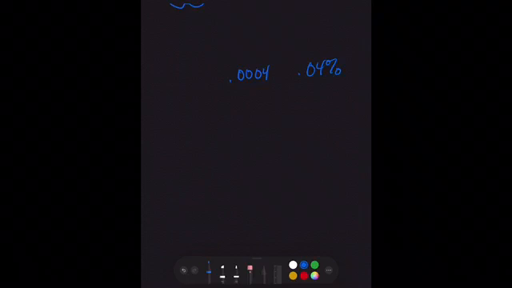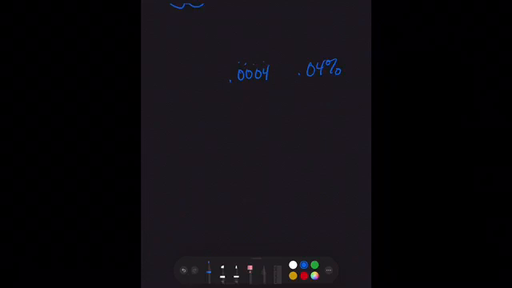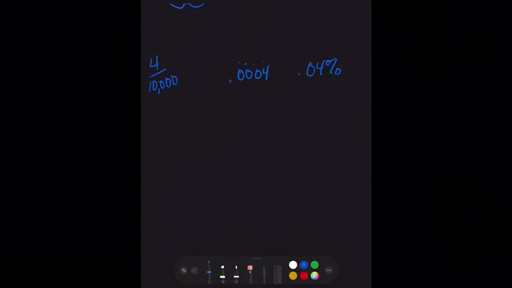You can take the decimal number and read it. So let's just do that one together. 0.04% as a decimal would be 0.0004. And we know that that's tenths, hundredths, thousandths, 10,000ths. So we can write it as a fraction as 4 over 10,000.